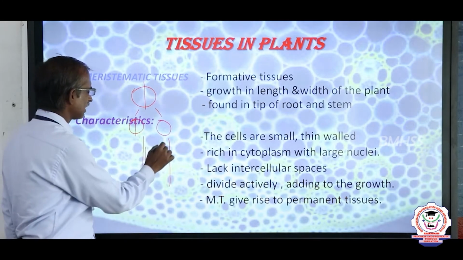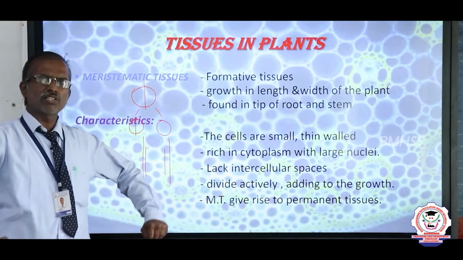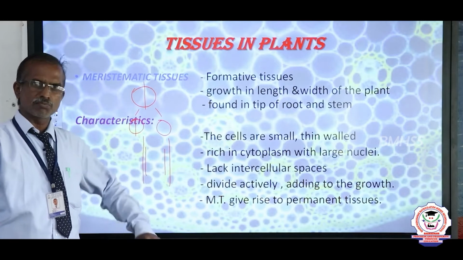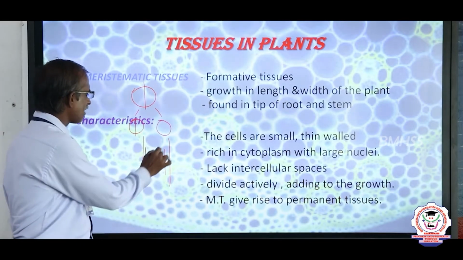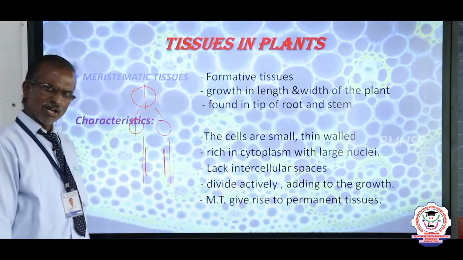This is found on the lateral side of the plant, that is the width and thickness of the plant. Thickness of the plant is due to dividing cells on the lateral side.